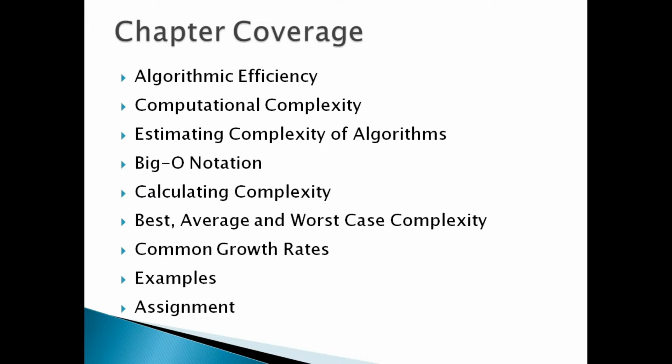First we will be discussing algorithmic efficiency, then computational complexity, estimating complexity of algorithm, big O notation, calculating complexities, then best, average and worst case complexities, then some common growth rates of algorithms, and at the end some examples depicting how to calculate complexity of an algorithm that is given to you, and some assignments. So let's start.